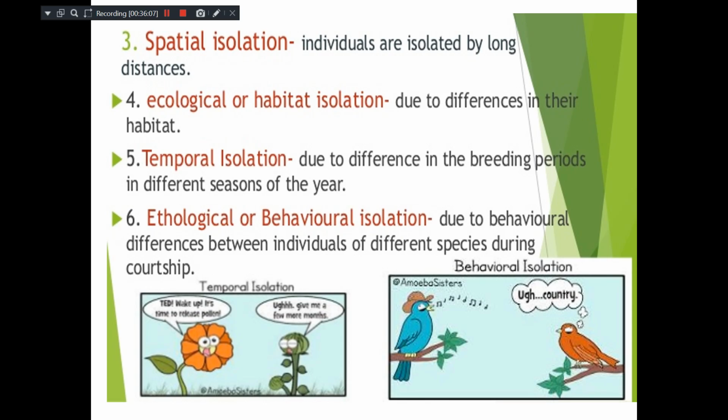To give one good example, most of the amphibians in southern India start breeding in the month of June, whereas if you go to northern India, their breeding season starts in August, September, because their breeding season coincides with the rains that they get. So with temporal isolation, due to the difference in breeding periods in different seasons of the year, they cannot interbreed.